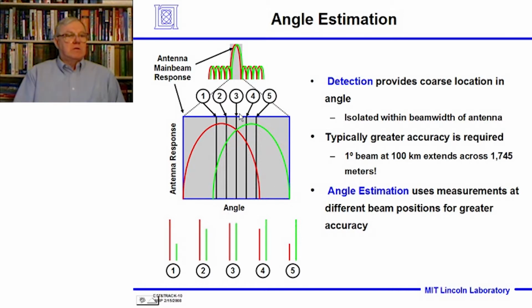If the target is located in the center, the response that this first antenna will see is a small response from the light-colored antenna, and a large response from the left-hand antenna.